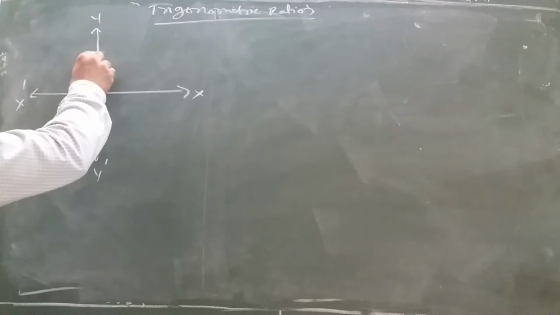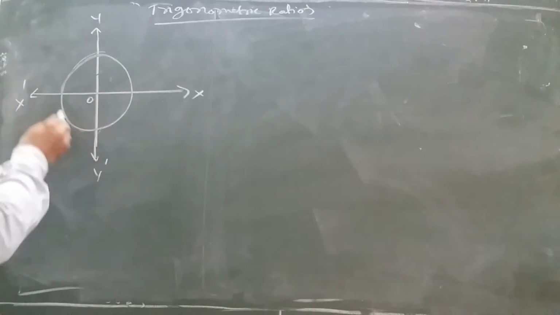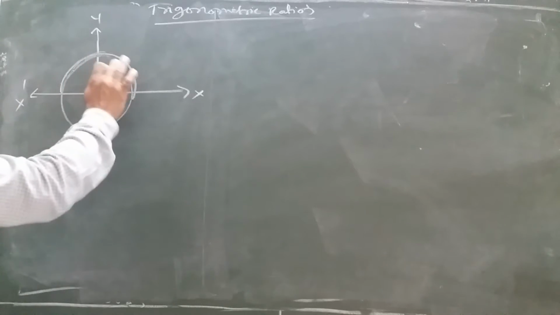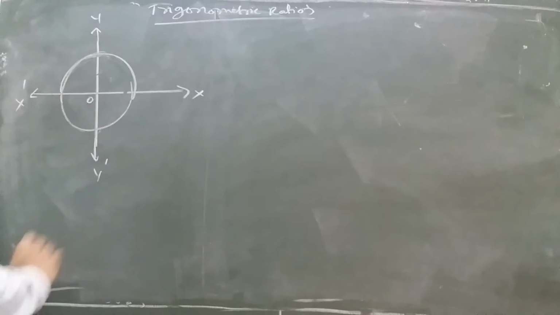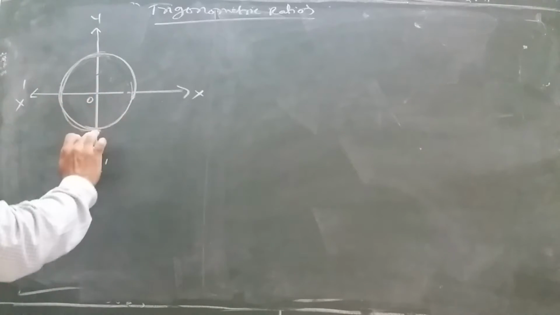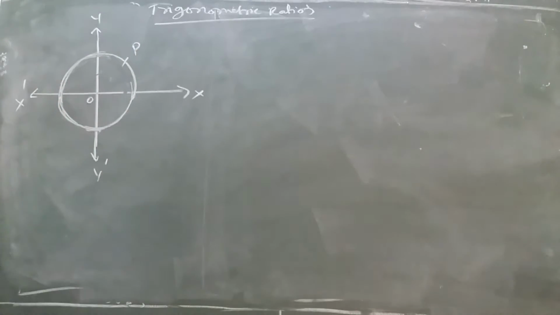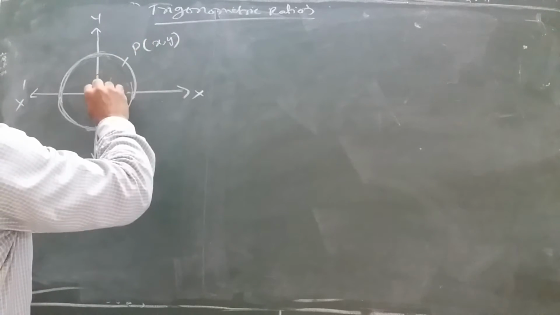And if we draw a circle with the center origin and with some radius r, and then if we take a point P on the circle, let the coordinates of P be x, y and the radius be r.